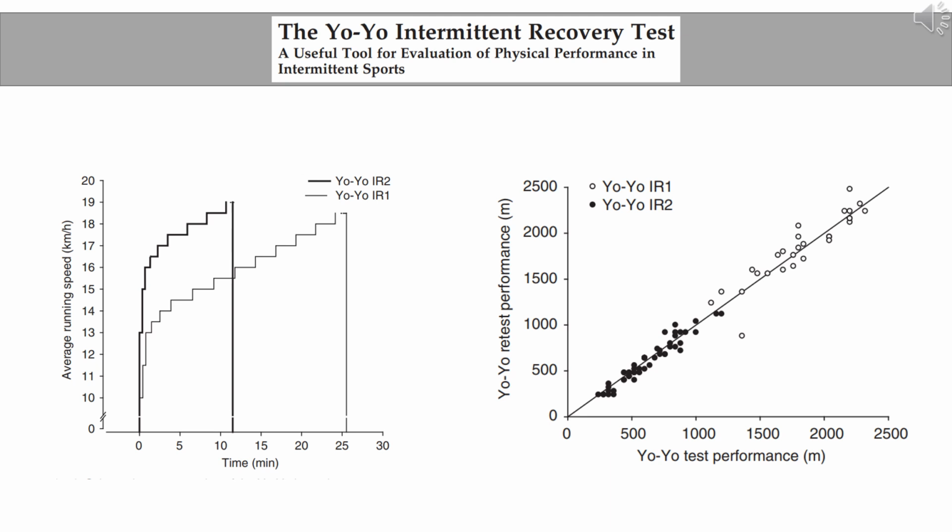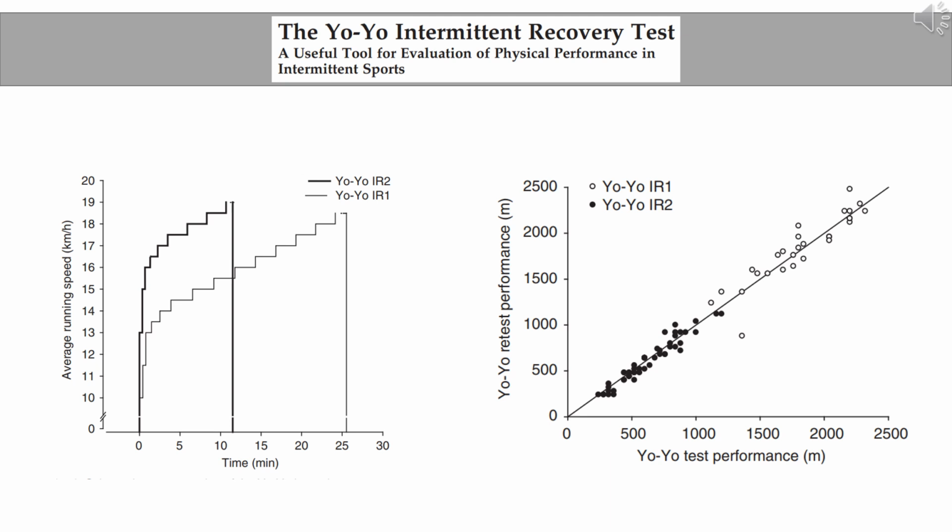Now our darker line is for the intermittent recovery level 2 test, and you can see that essentially our first step change, if you like, happens at 13 kilometers an hour, whereas for the yo-yo intermittent recovery level 1, we start at slower speeds, and we probably end up from a volitional exhaustion perspective at the same point, but we just take longer to get there because we have a slower starting point and more step changes.